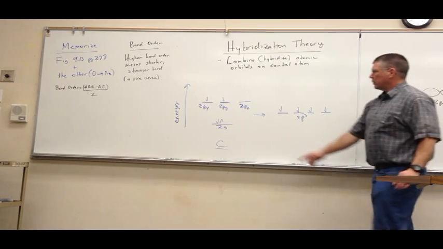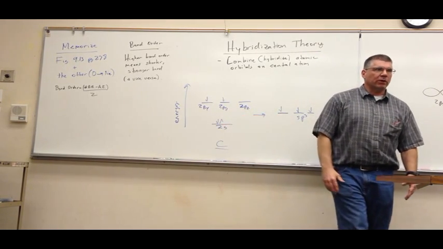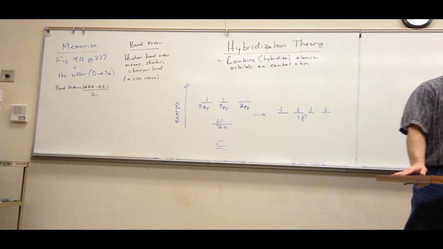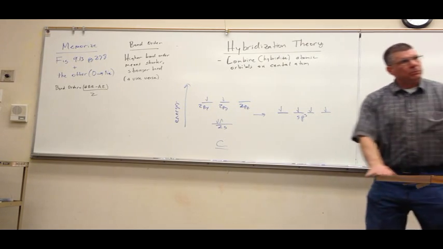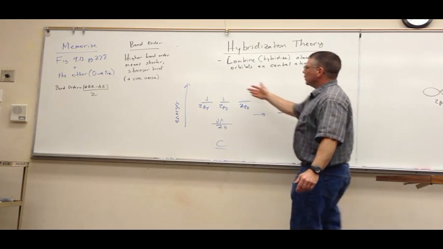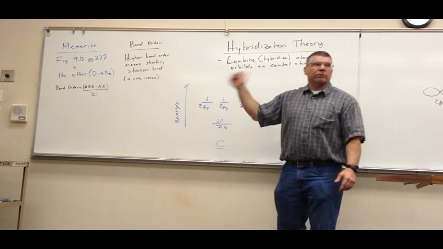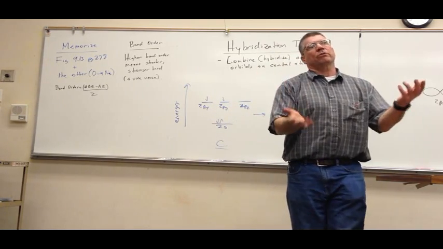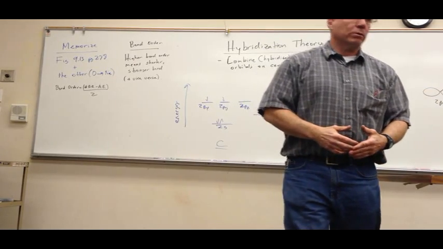What's the most you can have over here? 8? So you're not going to be able to overfill it. You can't go past that. But again, every time you make a new hybrid orbital, you have a new unhybrid orbital, right? So the number of orbitals is conserved, which means you can't ever possibly overfill. Right?